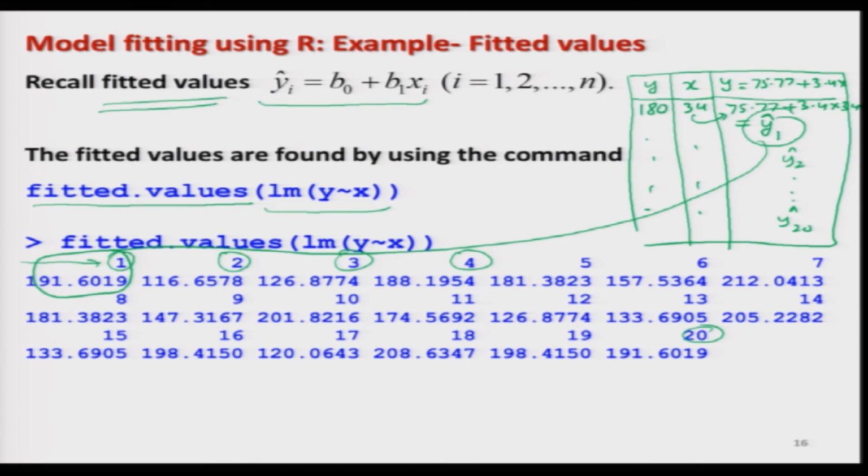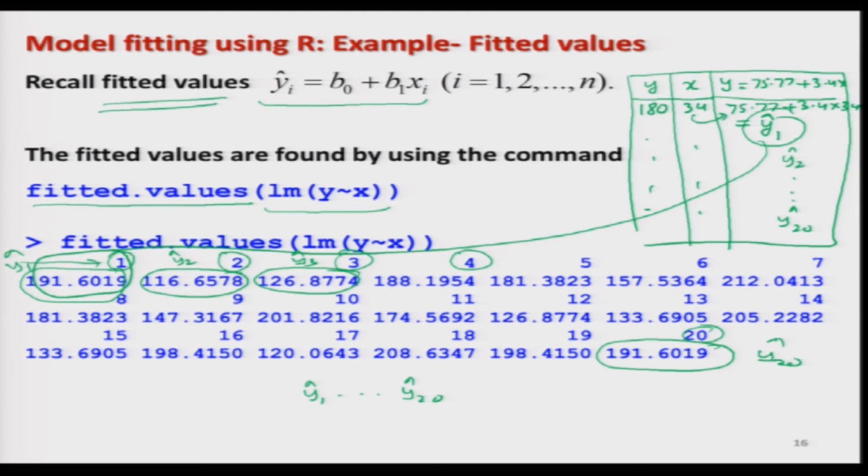The first value is y1 hat, the second value is y2 hat, the third value is y3 hat, and the last is y20 hat. So these are your fitted values. From this command you can obtain all the values y1 hat, y2 hat up to y20 hat.